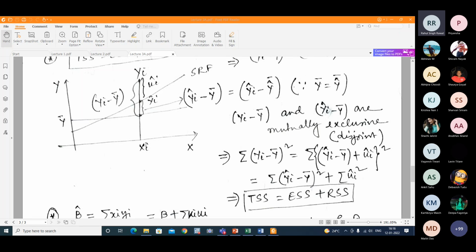It indicates that 70% of variations in consumption expenditure across the households is because of variations in income. Or I can say 70% of variations in consumption expenditure across the households can be explained by variations in income.